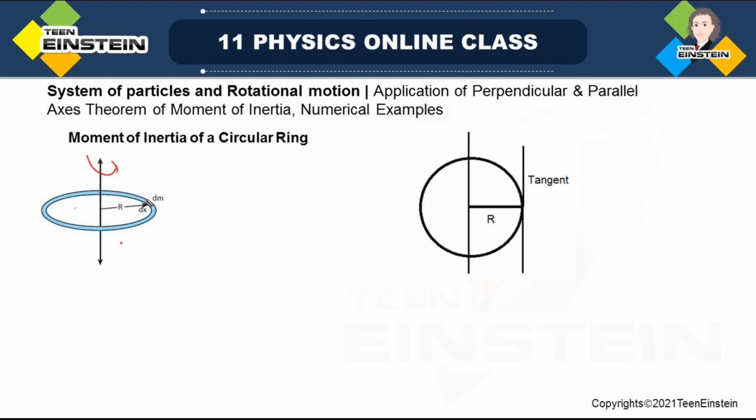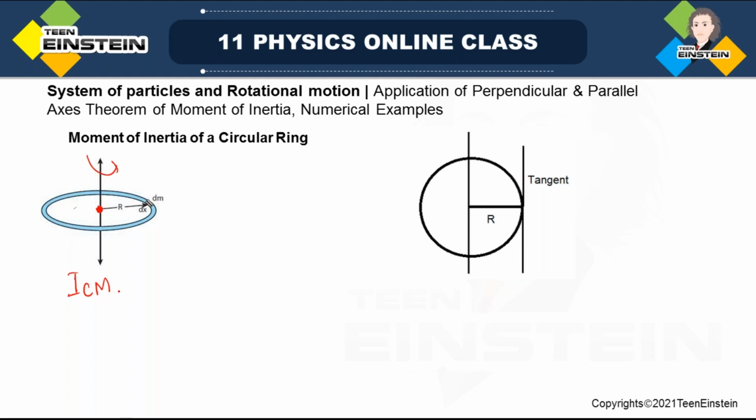Now I would like to calculate the moment of inertia. For this ring, the center of mass will be at the geometrical center of this circle. The moment of inertia which I'm going to calculate is about the axis which passes through the center of mass and is perpendicular to the plane of this ring.